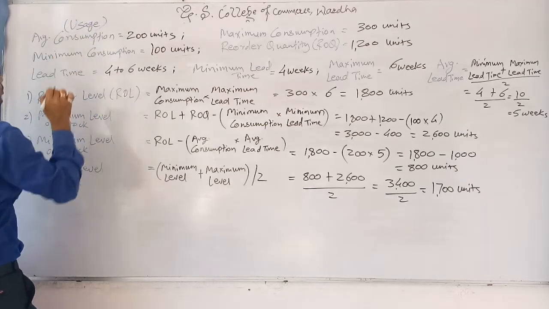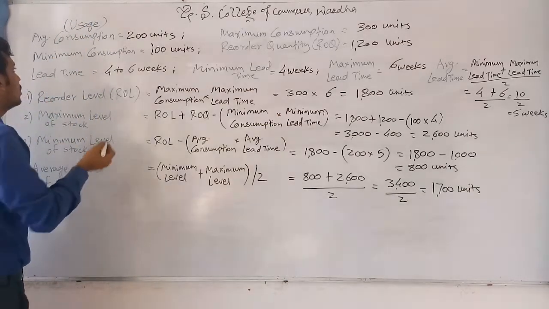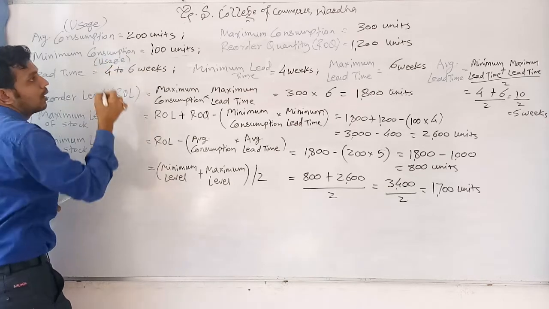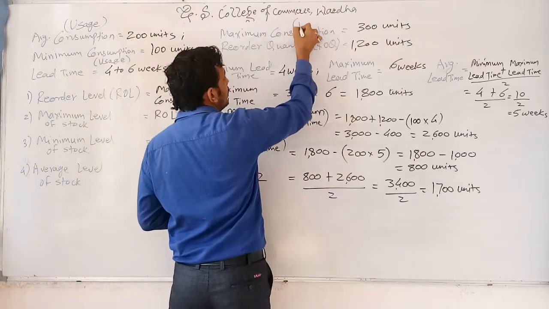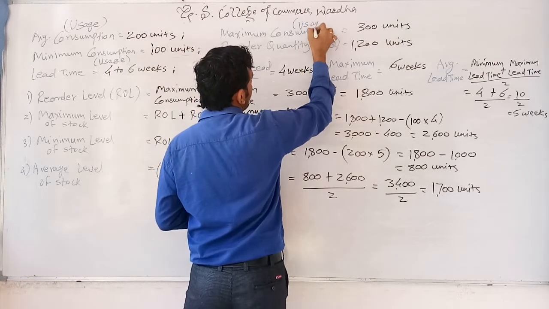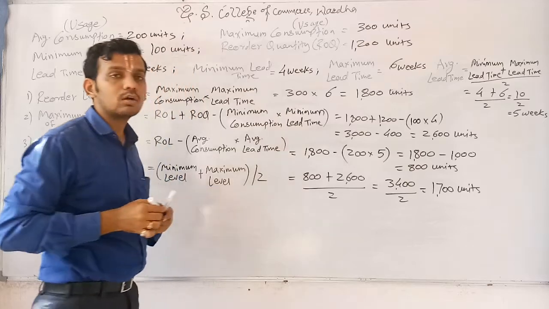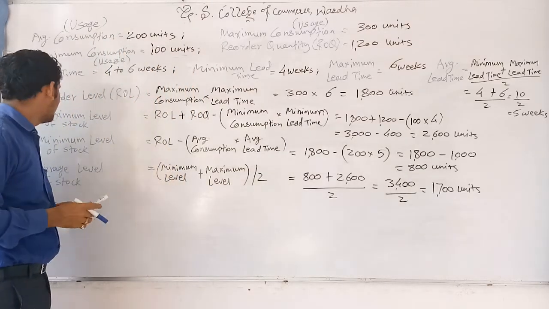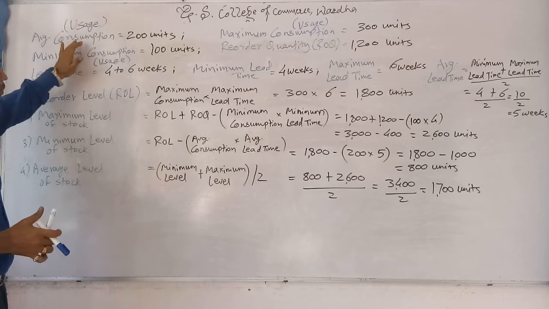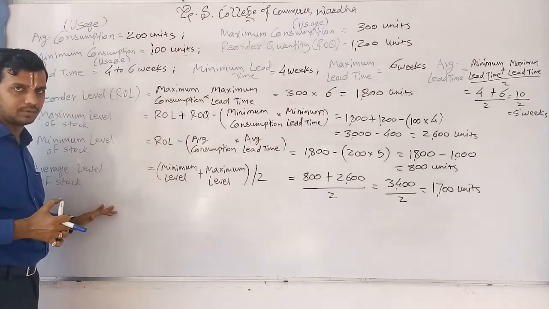This can also be the word used in the question, or minimum consumption or usage, maximum consumption or usage. These are interchangeably used words which can be taken in the question by the examiner. So remember one thing, consumption and usage are the same for the purpose of calculation of level of inventory.